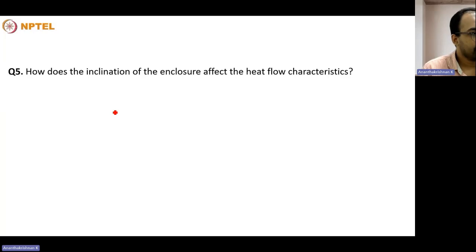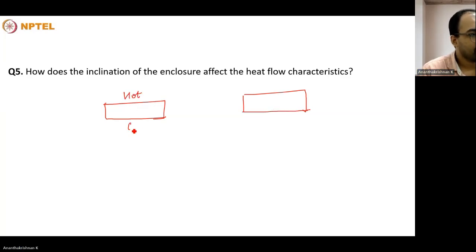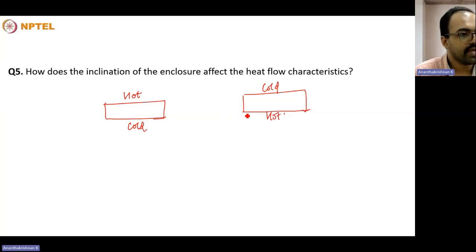So if you consider an enclosure, we consider two extreme cases, cold and hot. The hot surface is at the bottom, cold at top, and we could consider this to be at an angle of 0, so theta equal to 0.